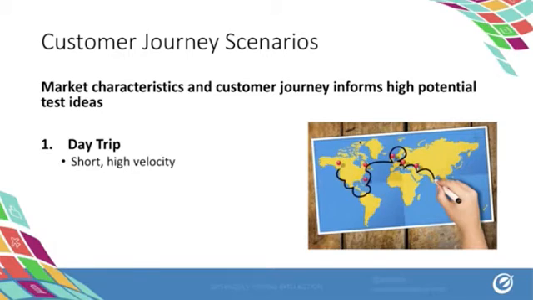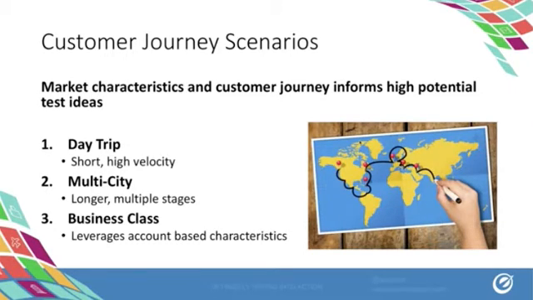One is the short, high velocity, low touch customer journey, very characteristic of a business selling to small businesses. Then we're going to expand that a little bit and look at a customer journey which is longer, has multiple stages in it. It can also involve sales. And finally, we're going to bring in account-based marketing and some account-based characteristics and use those to drive some test ideas.